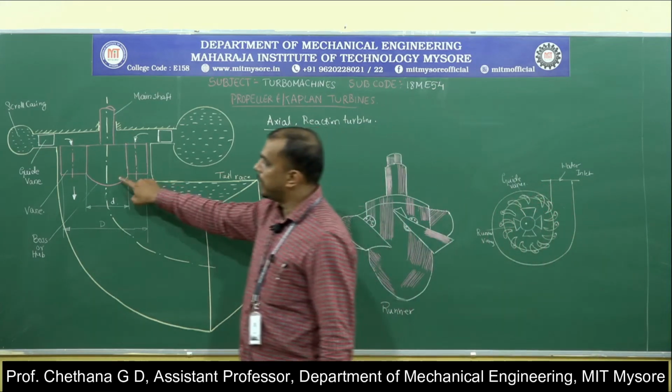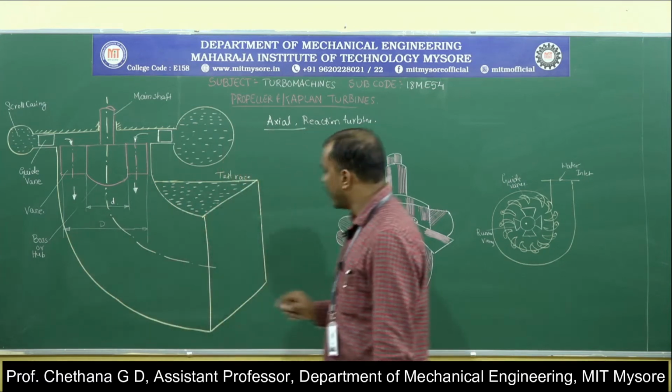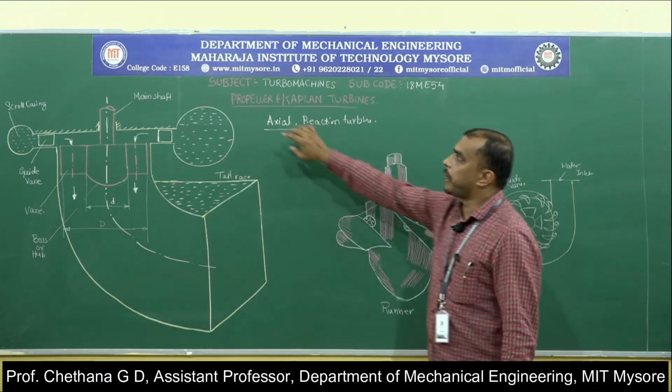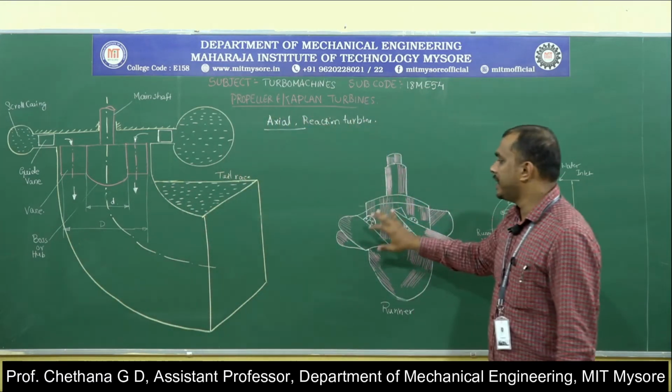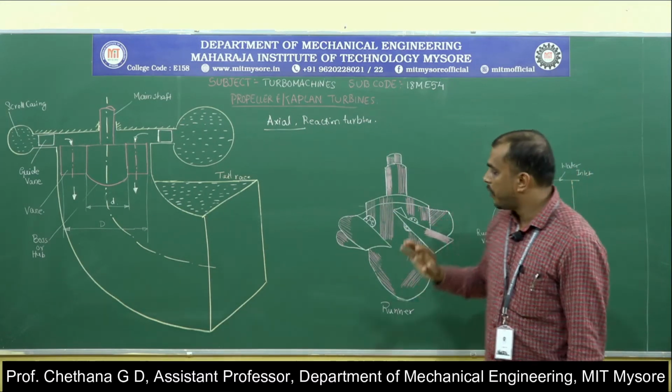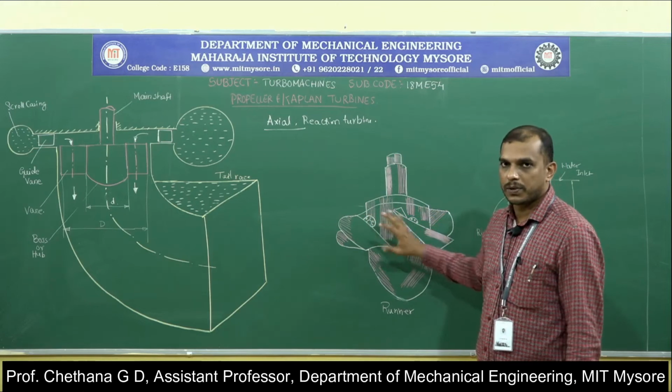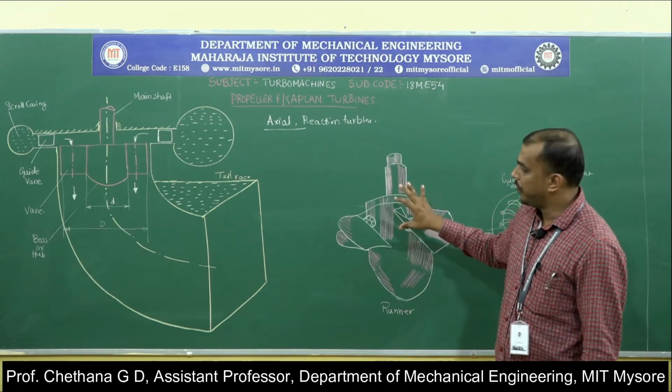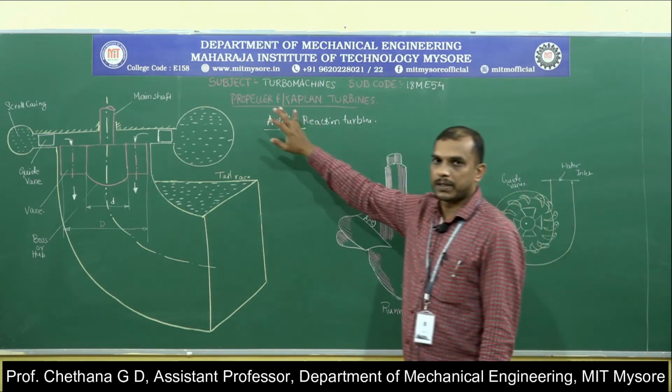We call this boss or hub. Now in case of a propeller turbine, these blades are fixed, okay. Whenever these blades are fixed to the hub or boss, we call that a propeller turbine.